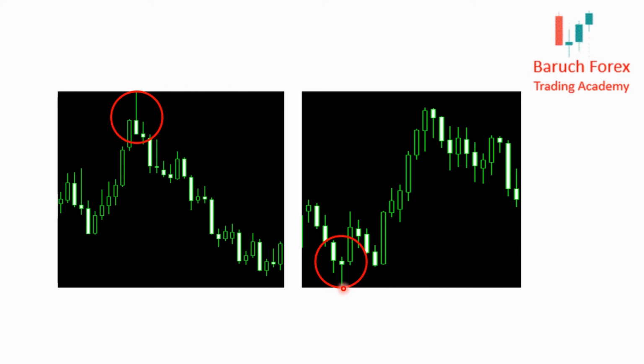So this is a bullish pin bar, because price has gone down and been pushed back again, and the market continues to go up. Of course, the market doesn't go in a linear curve. There is always variation. The price goes up, then it retraces back and goes up.